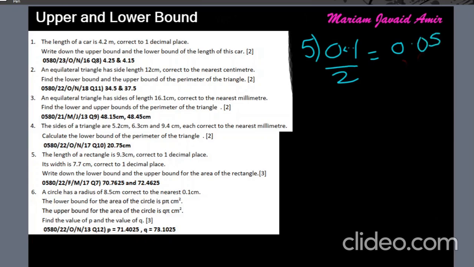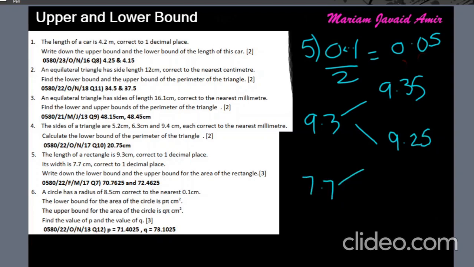So add this to 9.3, we get 9.35. Subtract this from 9.3, we get 9.25. And then to 7.7 we add 0.05, 7.7 is correct to the nearest one decimal place as well. So this becomes 7.75 and 7.65, upper and lower bound.